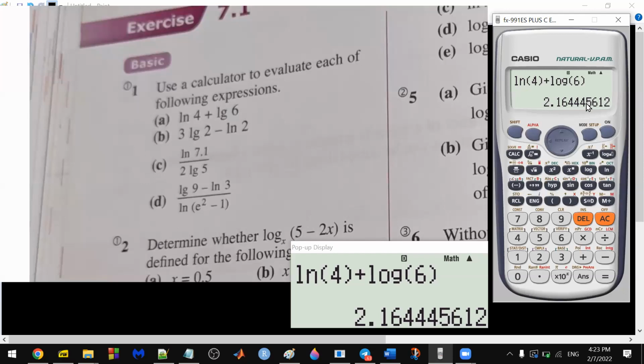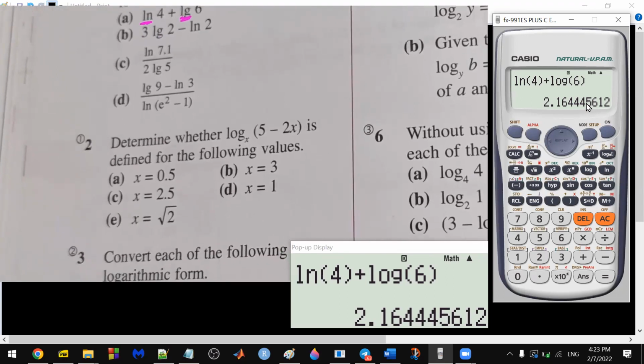What's more important is to know this notation. Ln 4 is short form for log of 4 base e, whereas lg of 6 is shorthand for log of 6 base 10.